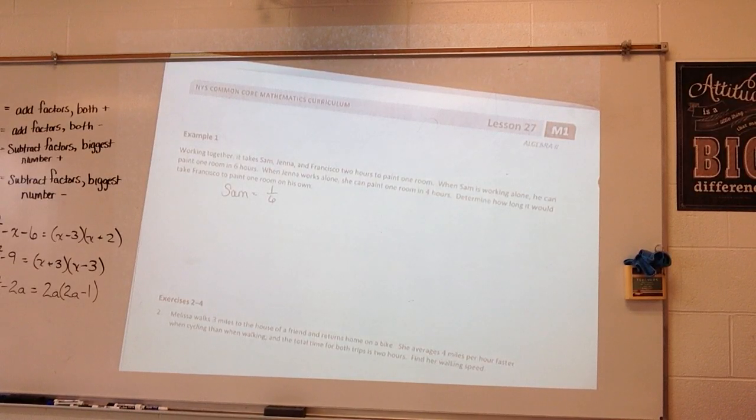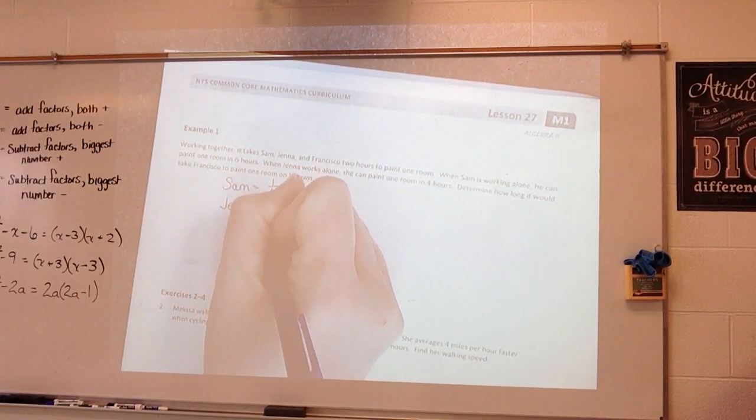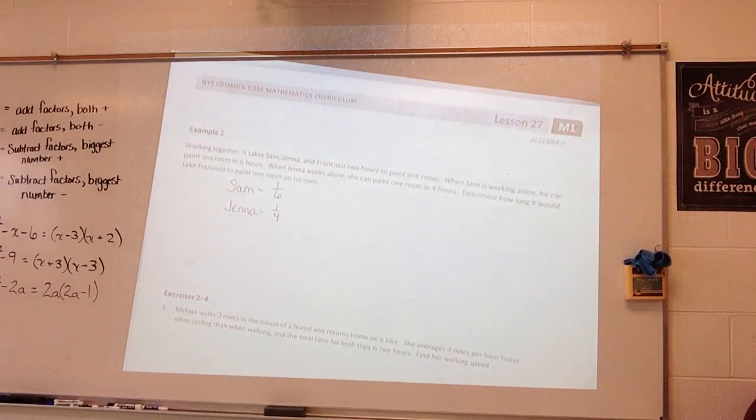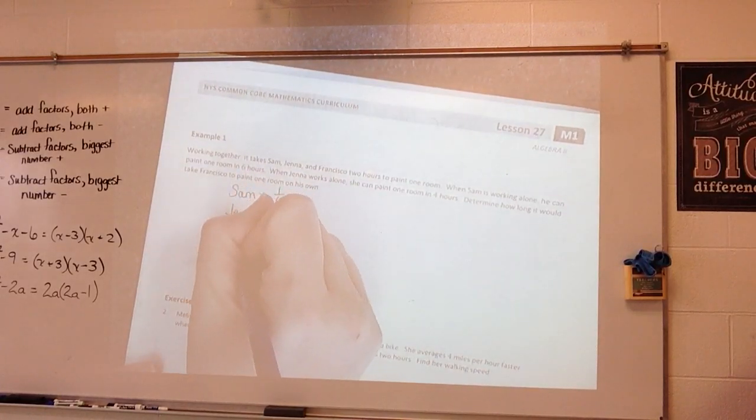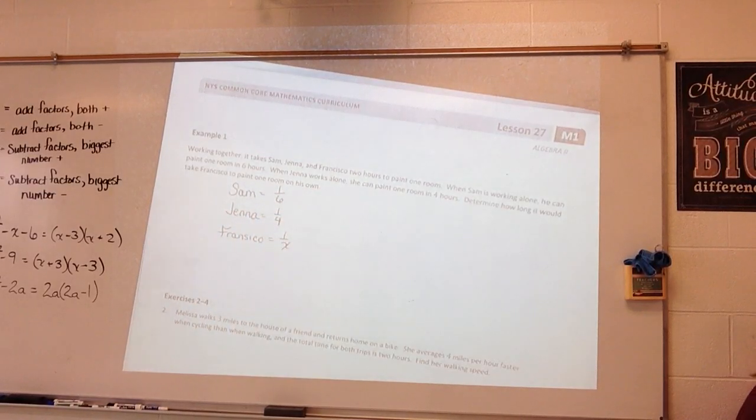If Jenna can paint a room in 4 hours, then in 1 hour she can do 1/4 of a room. We do not know how much Francisco can paint in an hour, so we're going to say that he can paint 1/x of a room.